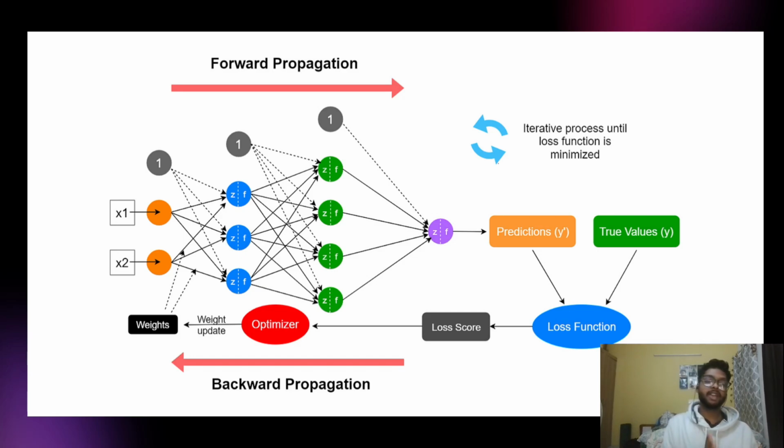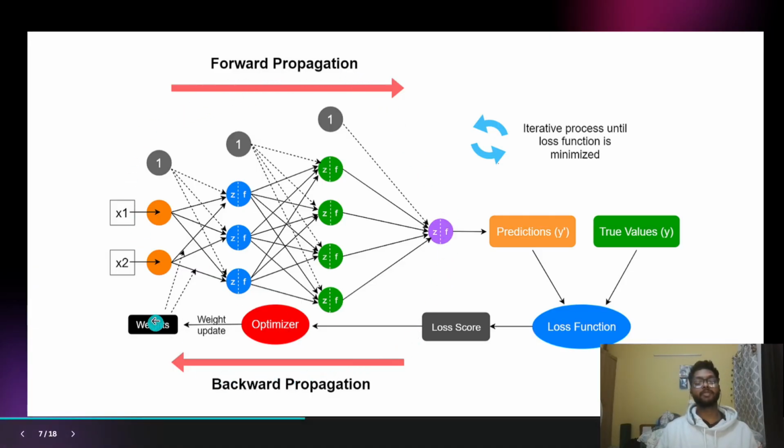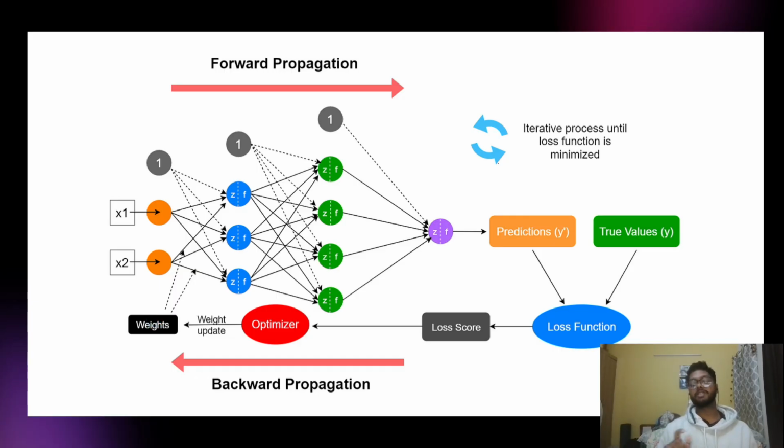The optimizer then helps us to modify the weights in such a way that the prediction becomes smoother and more accurate. Now, one complete cycle of forward propagation and backward propagation is called an epoch. And in our presentation, I have used 10 epochs.